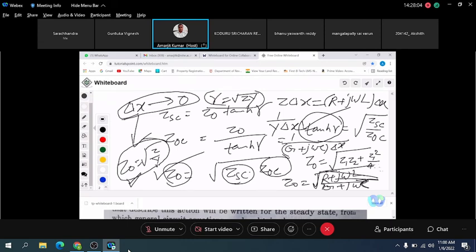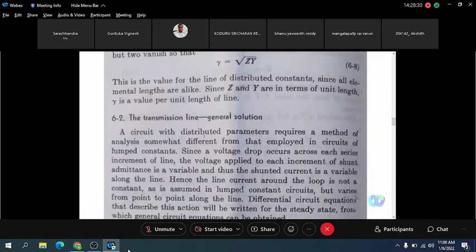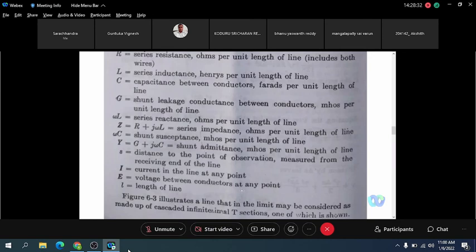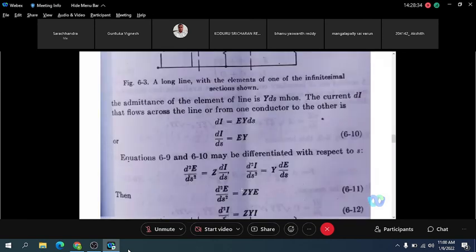Now the question is, if the line is terminated in some impedance ZR like we had done, but now we are talking about the distributed line made of infinite number of cascaded T sections. Remember that. Then what will be the input impedance? For that we have to do the general solution.